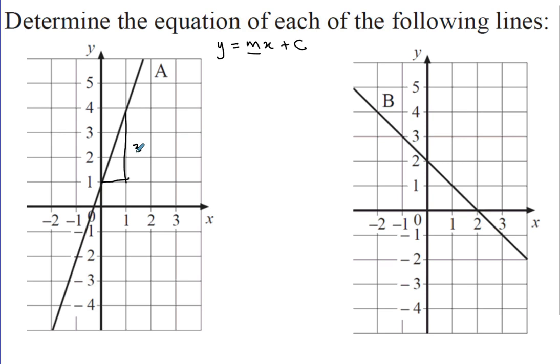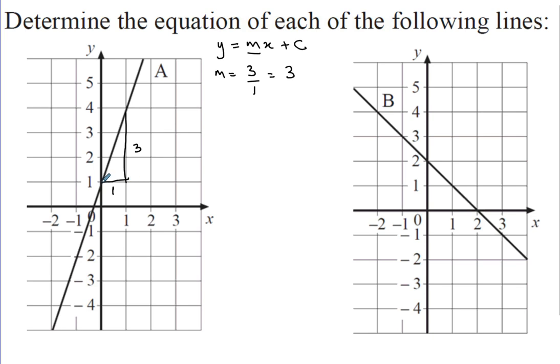So it's going up 3, and it's going across 1. So m equals 3 divided by 1, which is 3. Always be really careful, because when you're drawing the triangle, it's so easy to take the 1 first. But remember, it's your change in y divided by your change in x.